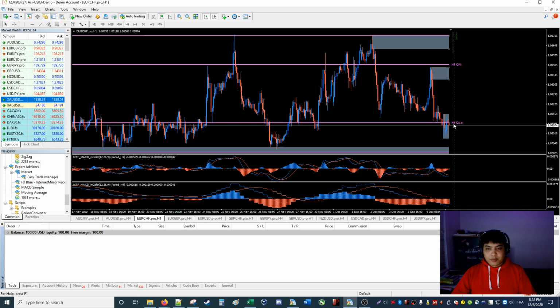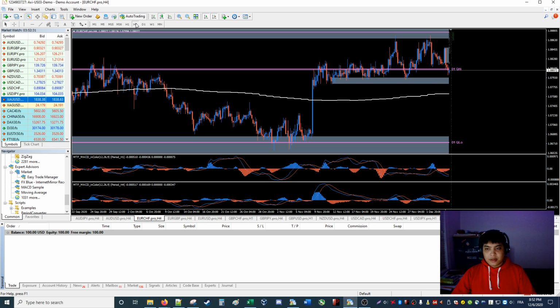On H4, we're on the Q low point here. So this one, there's a conflict. It could bounce and go up, but on H4 it does look like it wants to go down.